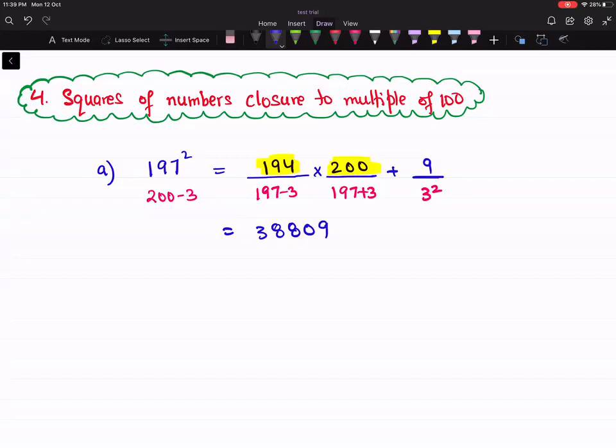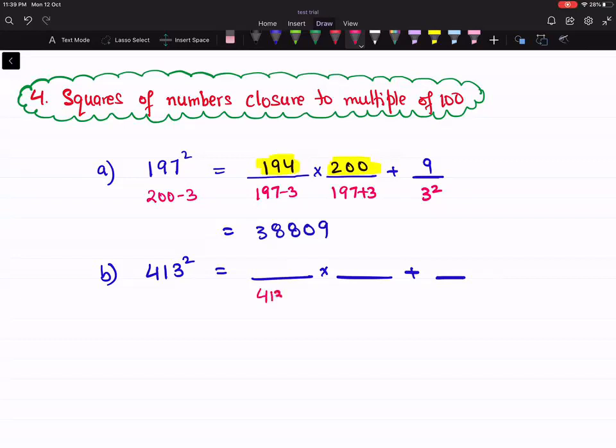Let's take this concept again. If I'm interested in square of, let's say 413 square, right? So my answer is going to be product of two numbers plus a third number, and 413 is 13 more. So you will first subtract 13.